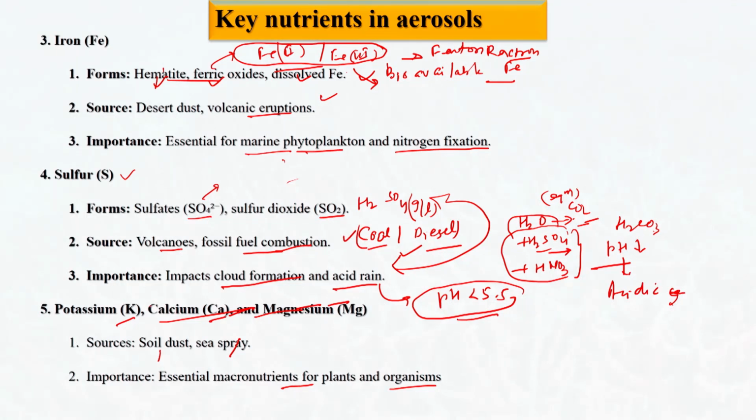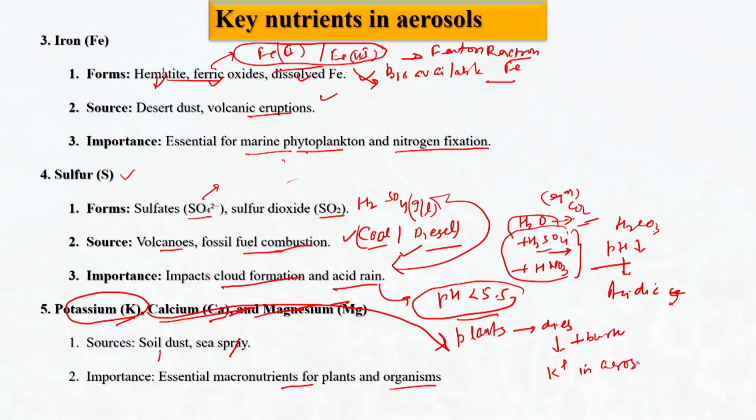And I also discussed potassium: when the plants are burned or when the plants die, what will happen? If you burn this, it will produce potassium in the form of K+ in aerosols.